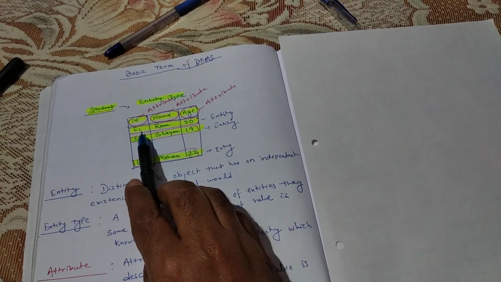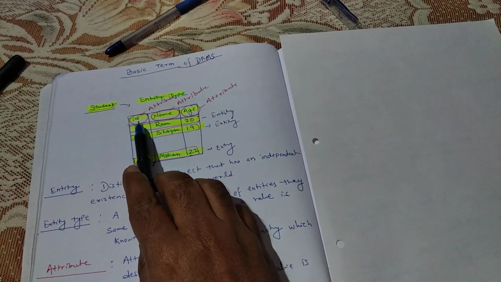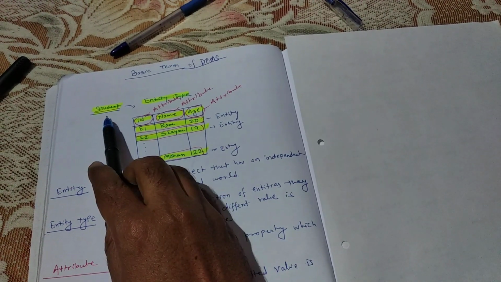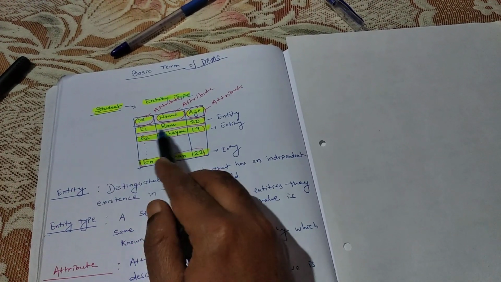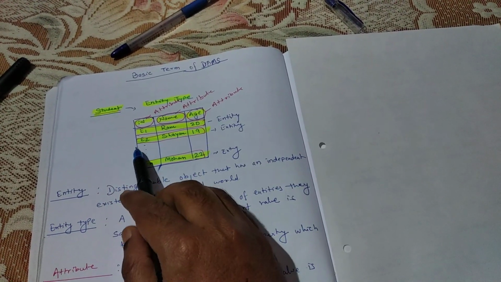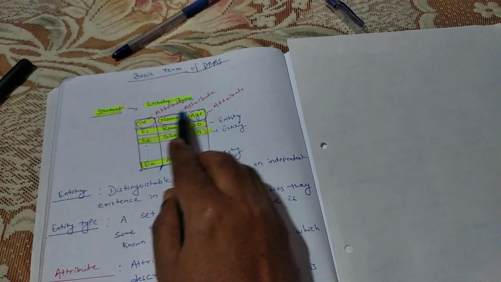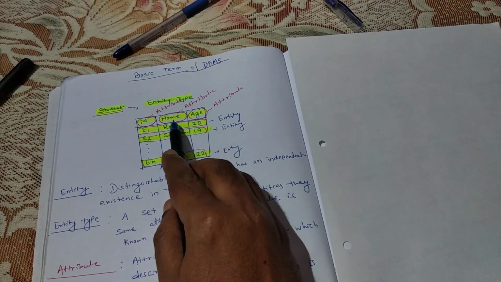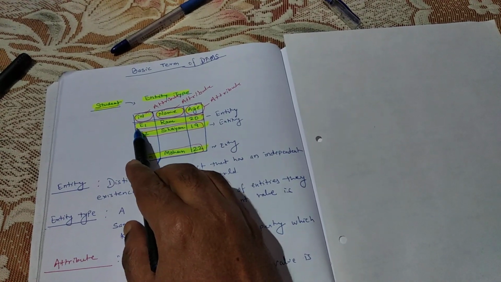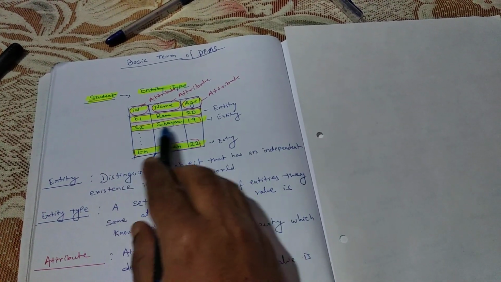That means, see here, I take an example. I take a table of a student where 3 columns are there, having student ID, student name and student age, and 3 rows are there.